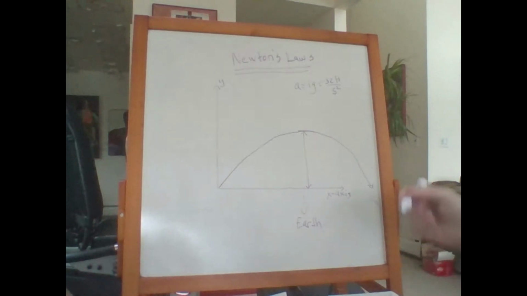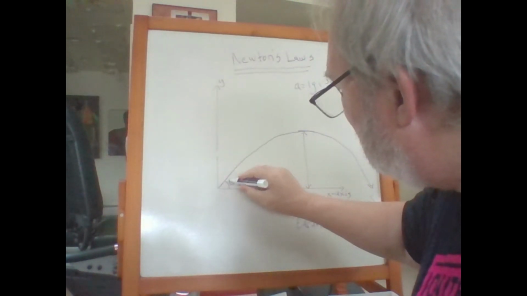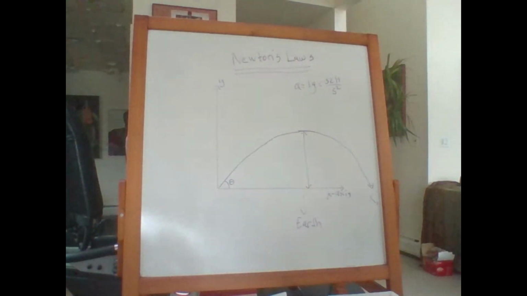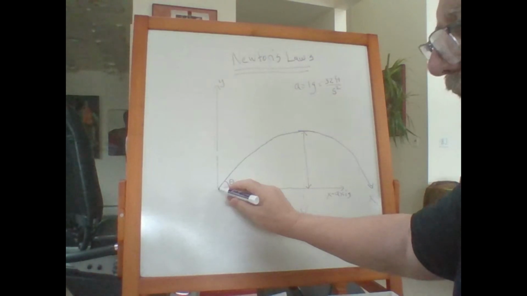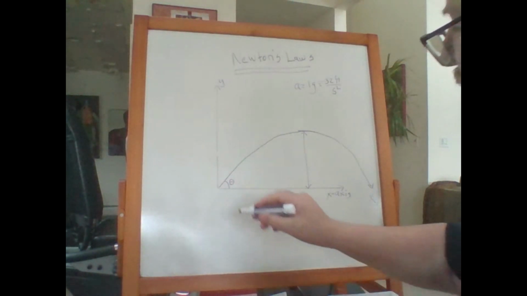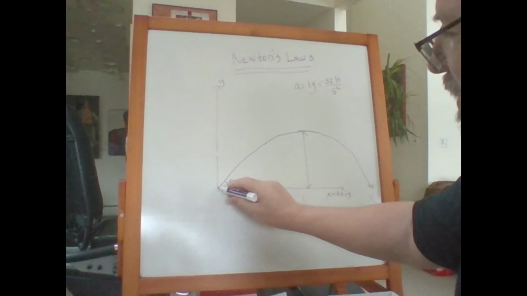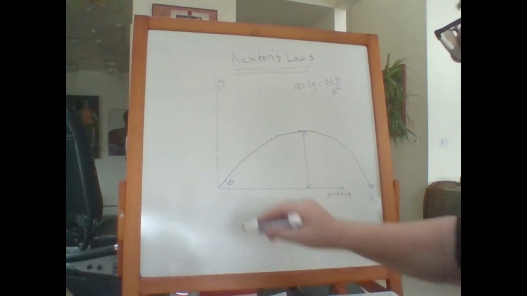Now, when they first shoot the cannon, it's at an initial angle. And once the force has been imparted, the explosion inside the cannon, the ignition of the charge, the powder, imparts a force on the cannonball.